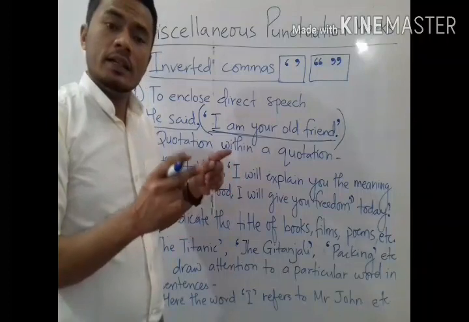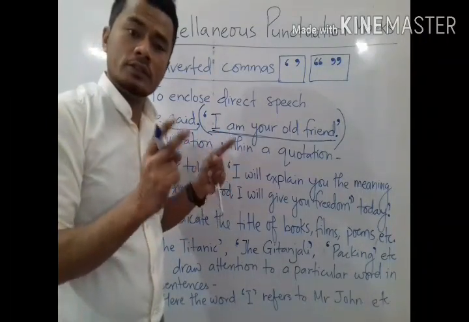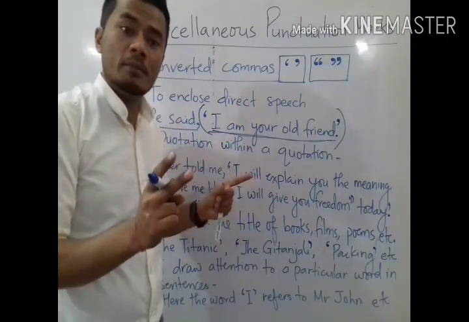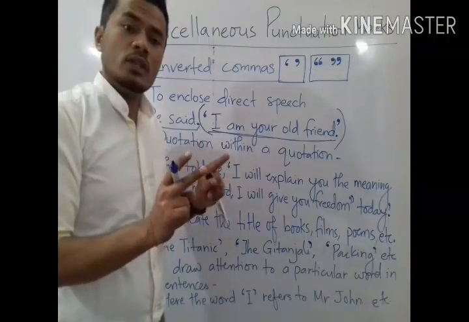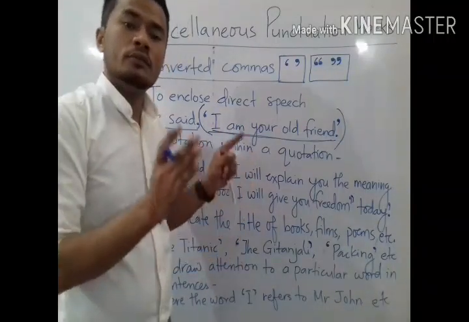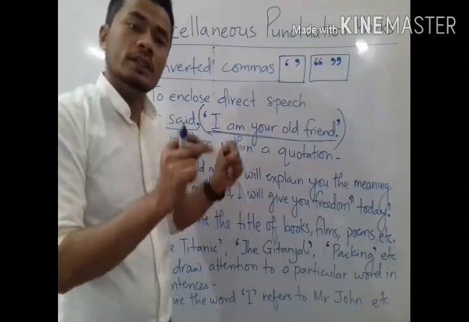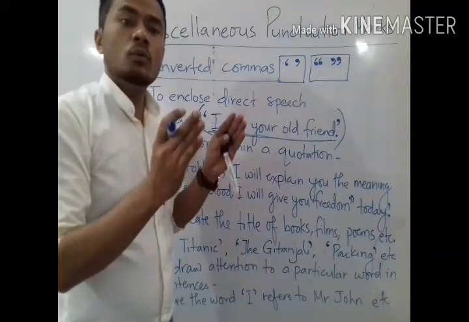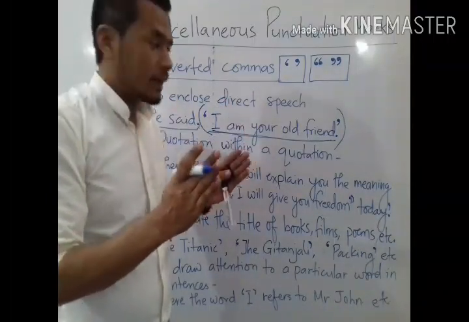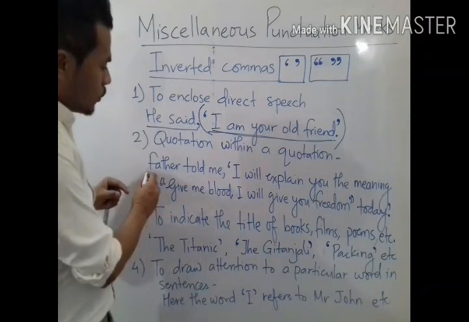For the first quotation we have to use single inverted commas, then for the other quotation which we have inside the first quotation we have to use double inverted commas, like here, father told me.